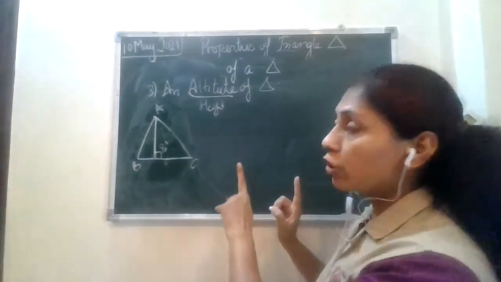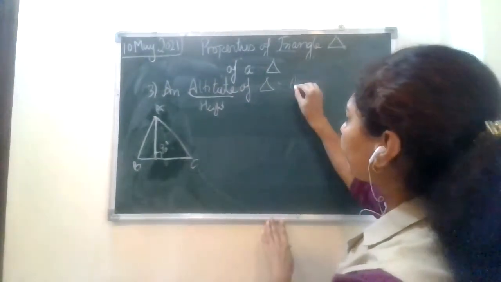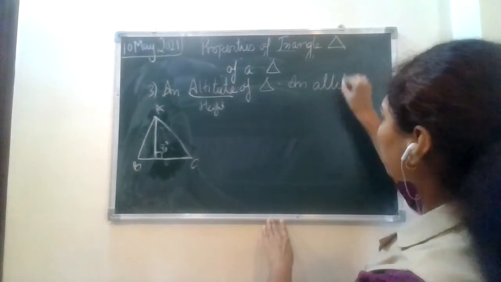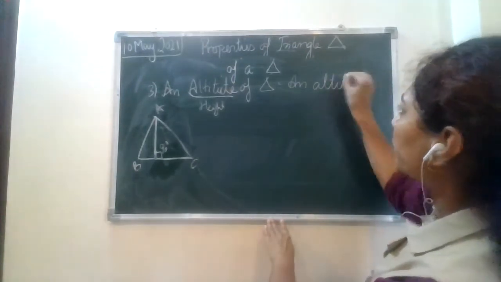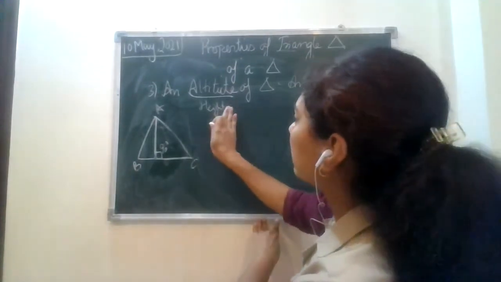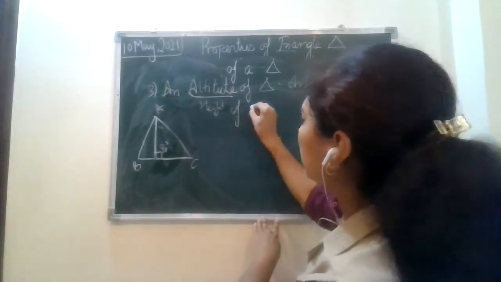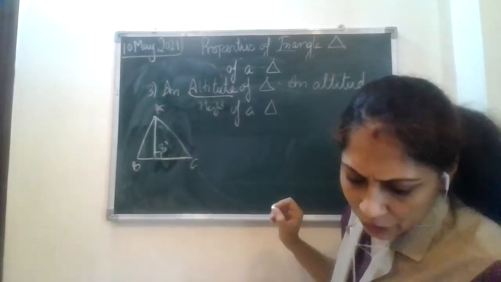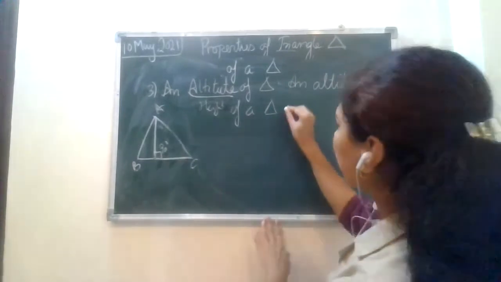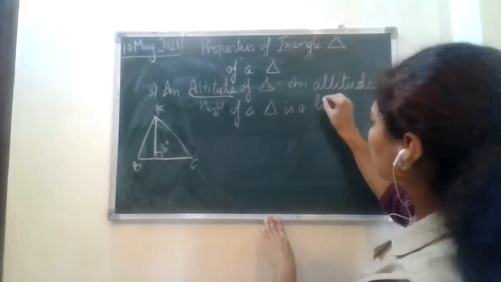And altitude, I'm giving you a definition. An altitude of a triangle is a line segment. This is again a line segment.